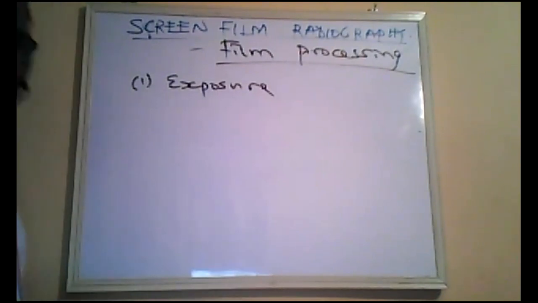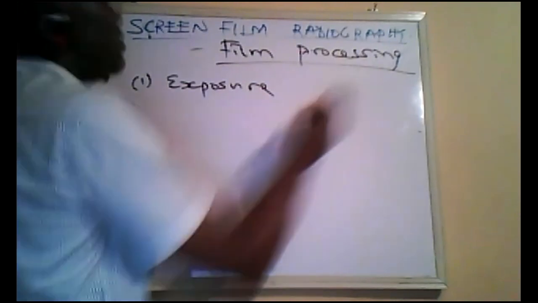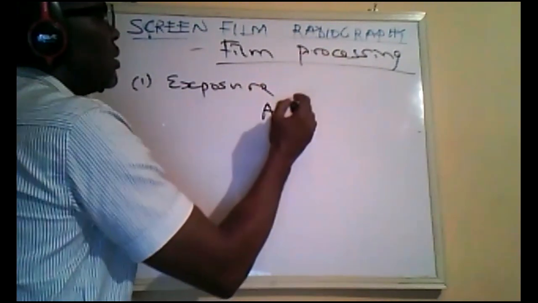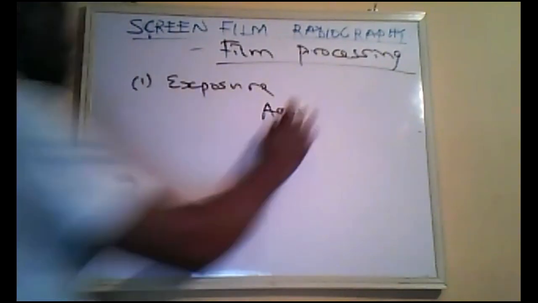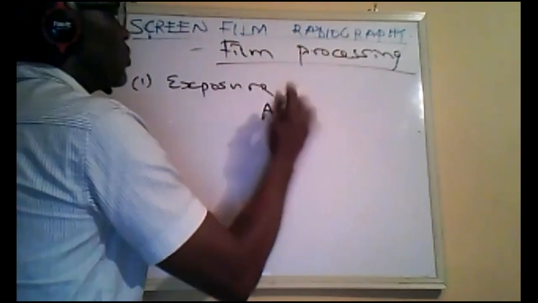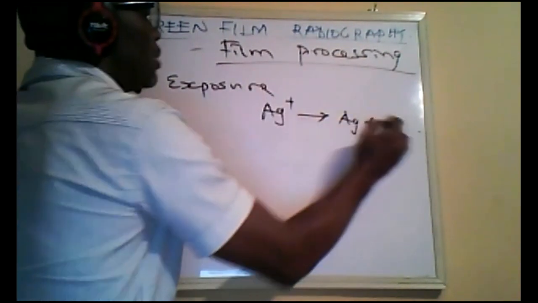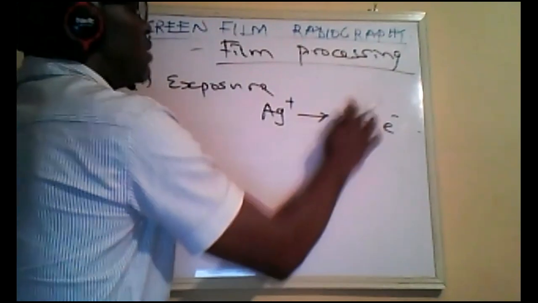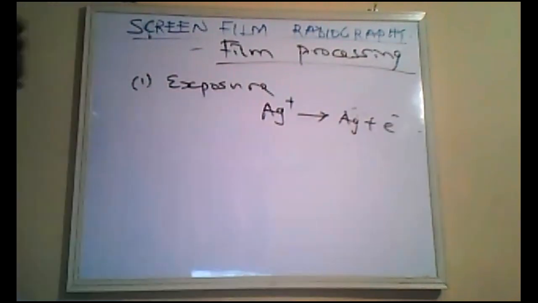When a film is exposed, as the screen film, when it is exposed, of course, we have a silver ion giving us silver plus an electron. The silver atom will not be precipitated. We now have our electron.